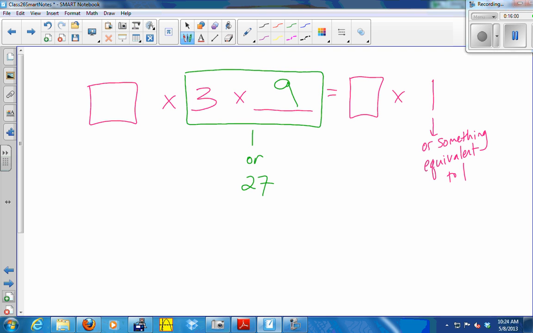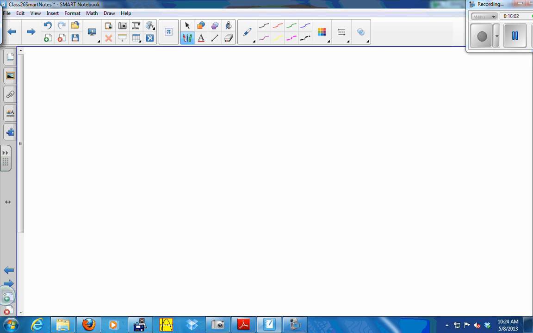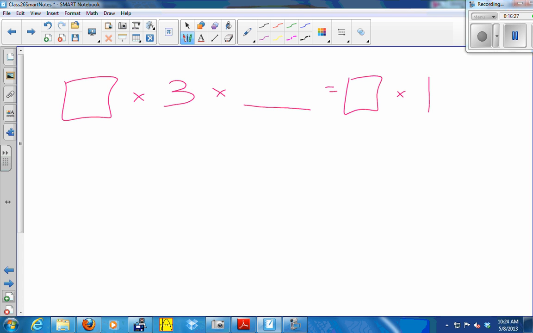Let me bring it back to our standard arithmetic so you can see the analogy. If, like you all said before, multiplying by 3, you normally undo that by dividing by 3, or multiplying by a third. So if I multiply by 3 and I need to multiply by something to undo that, I'm saying, okay, 3 times what?